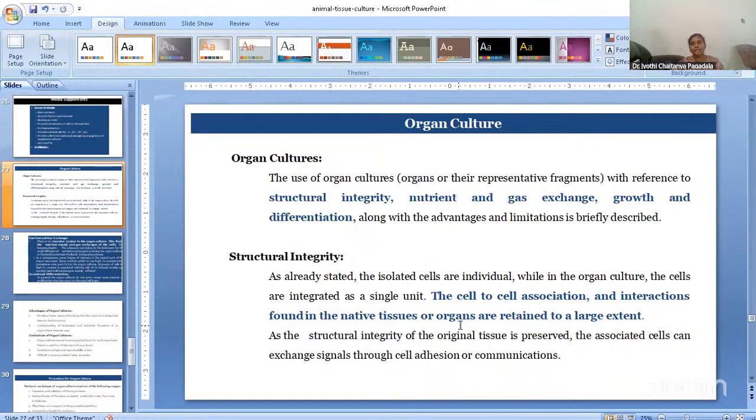So the refrigerator, as I just told you, 4 degrees, 2 to 8 degrees we require, minus 20 refrigerator we require, and minus 80. All these we consider as freezers.